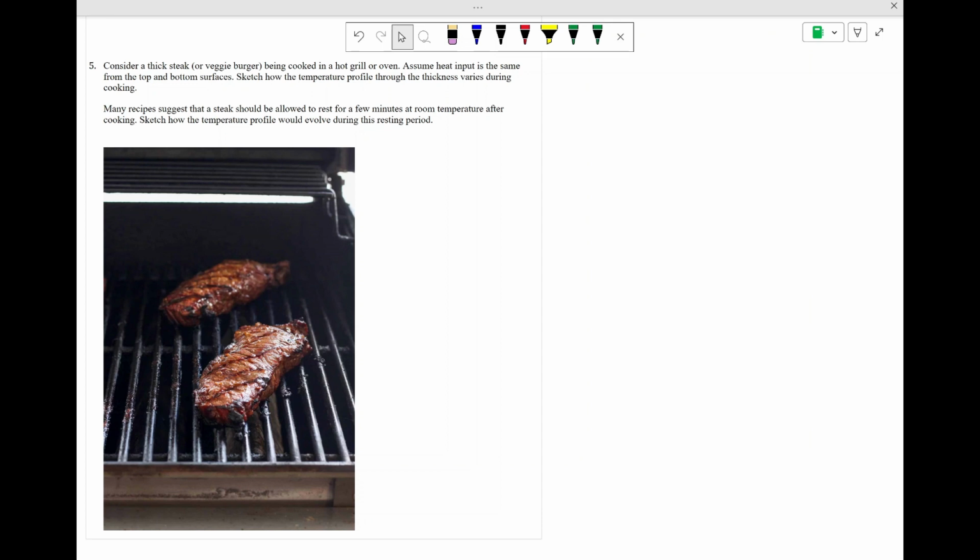And I know I said top and bottom, but just for the sake of argument, let's draw this on the x-axis here. So imagine this is the steak here, and it's got some thickness. So let's say that it has width W, or in other words, there's W over 2 on either side of that.